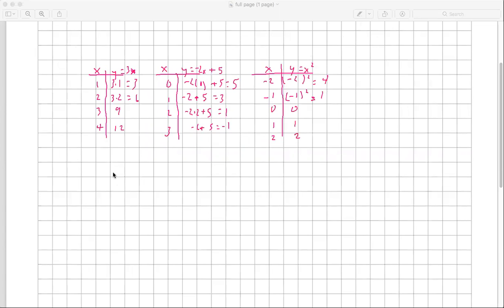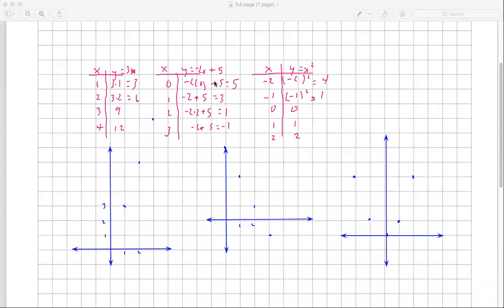Now, let's graph each one of these and see which one of these is a straight line. You might already know. So when I plot my points on this first one, and we see that it looks pretty clear that we have straight lines right here. Right there is a straight line. Here's a straight line. And this graph is not a straight line though, is it?